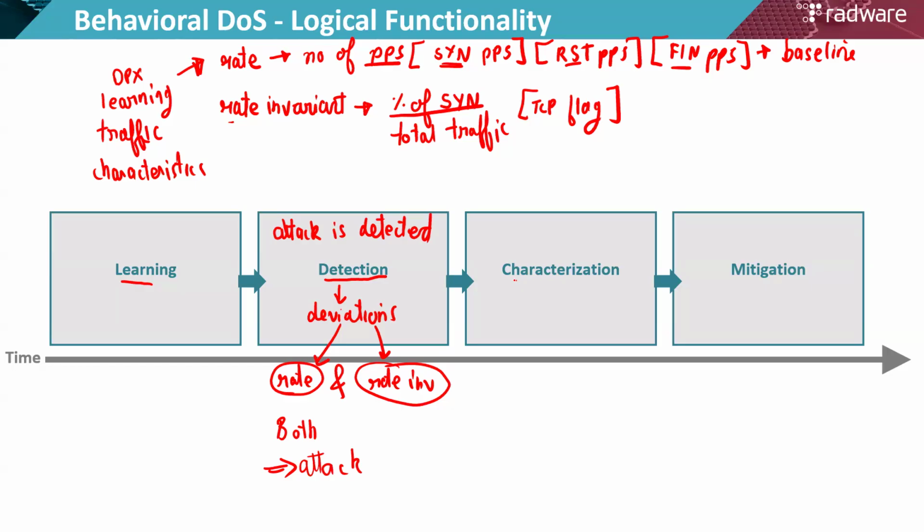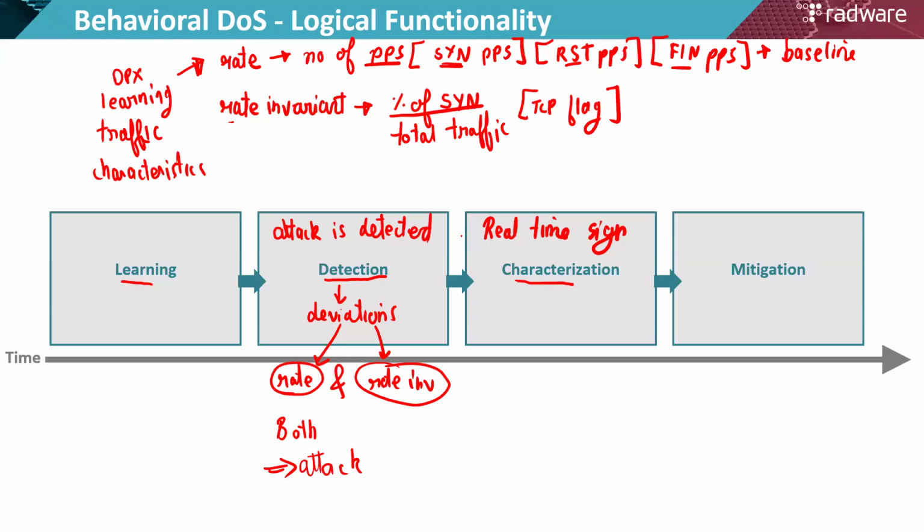Then the next phase is characterization. During the characterization phase, Defense Pro is creating a real-time signature, which is used to block the attack.